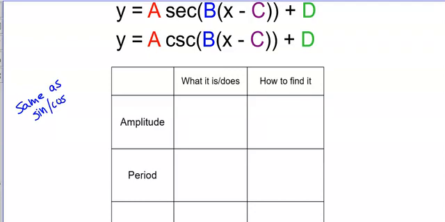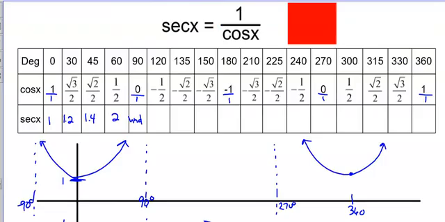So amplitude, what it does, in this case, actually, I guess I shouldn't have said it's exactly the same as sine and cosine because the amplitude is a little bit different. If you look back at our graphs, you can tell that amplitude isn't really a thing because our graphs are either going up forever or down forever.